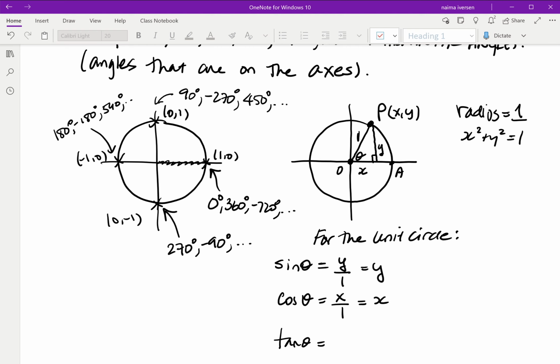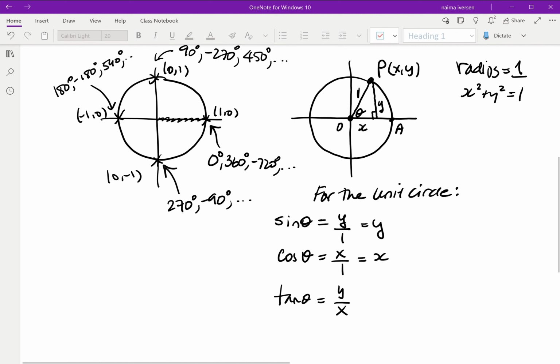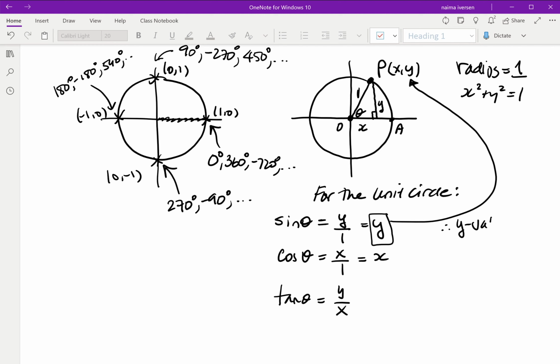Tangent theta is opposite over adjacent. Think about this though. This y value that I'm talking about right here is the same y value that you'd find in a point. So therefore the sine value is the y value of our point in the unit circle.